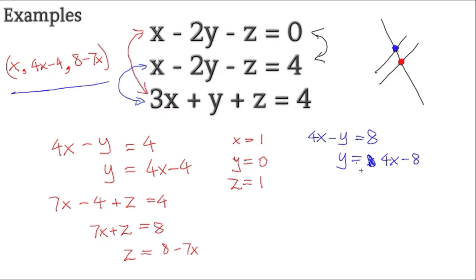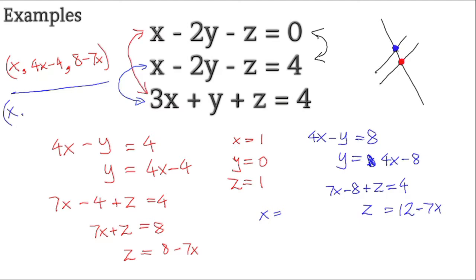We sub in y, and we get 7x take 8 plus z equals 4. And by rearranging, we can state that z is equal to 4 plus 8 is 12, take 7x. Same applies, sub in x, and write down the equation in vector form.